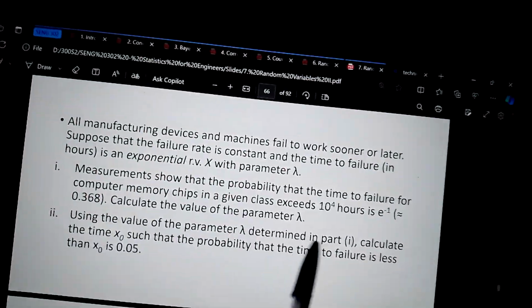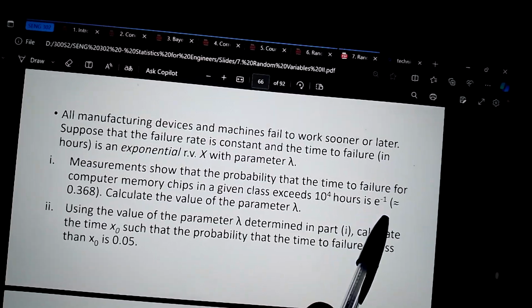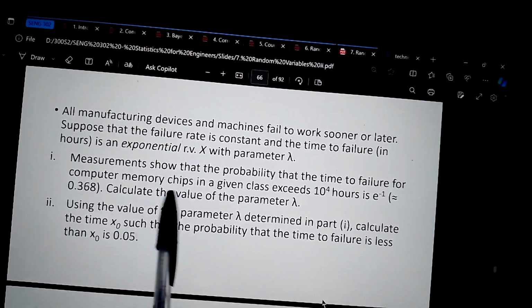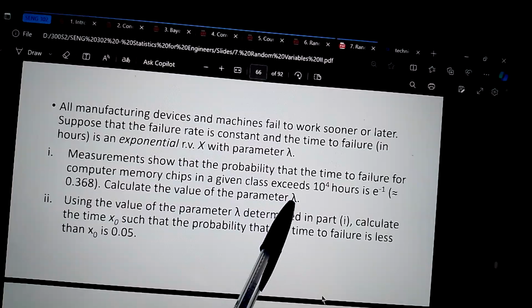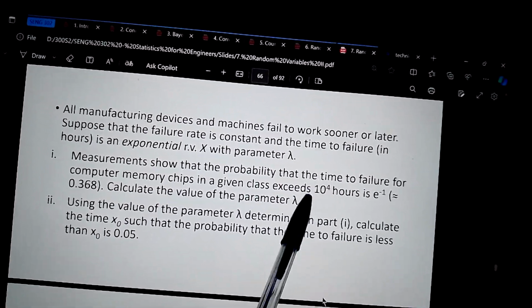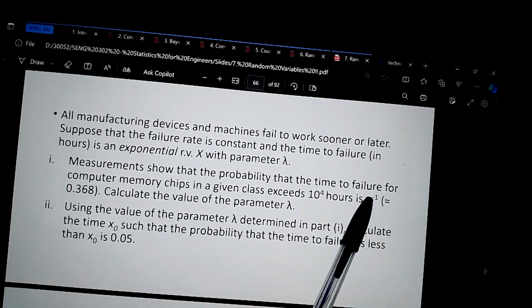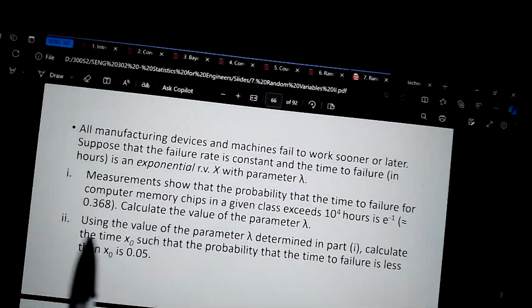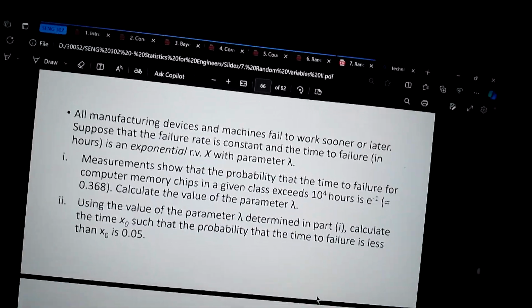We have to show that the probability that the time of failure for a computer memory chip in a given class exceeds this is this. So the probability that this is equal to this, and then from this condition we have to evaluate lambda. This is pretty straightforward, quite straightforward. So let's just solve it.